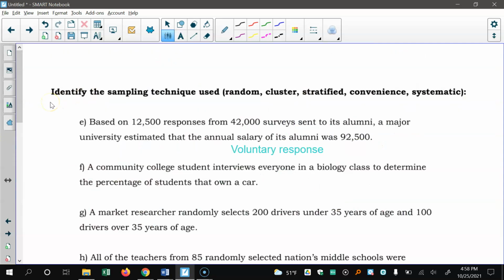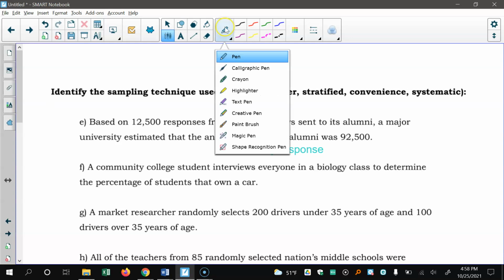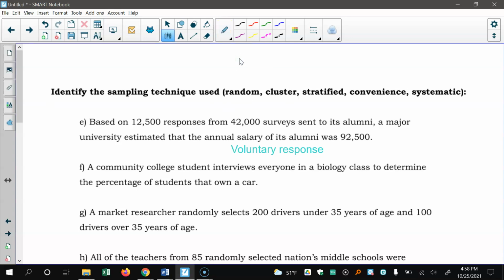Okay, a community college student interviews everyone in a biology class to determine the percentage of students that own a car. If everyone's being interviewed, it's not necessarily a cluster, even though everyone's being interviewed. It's not like the community college student looked at all the different biology classes and said, I'm going to select this biology class.